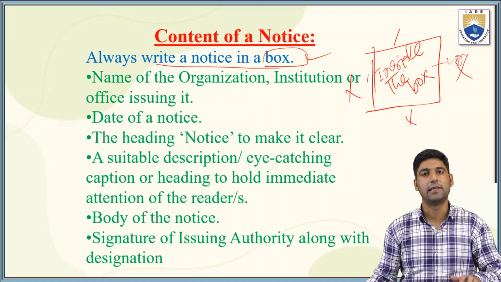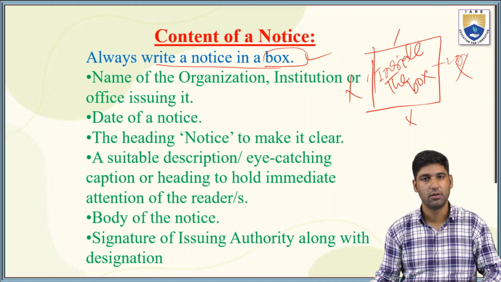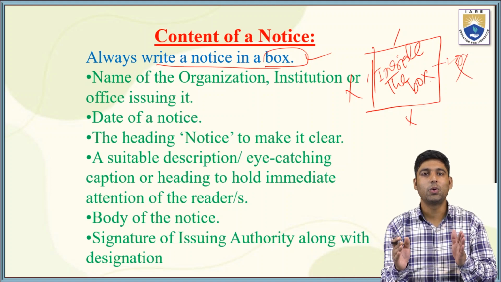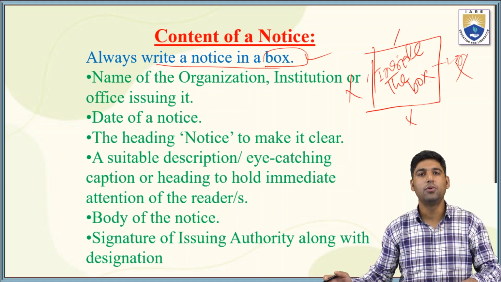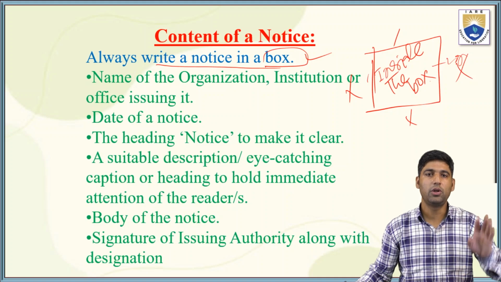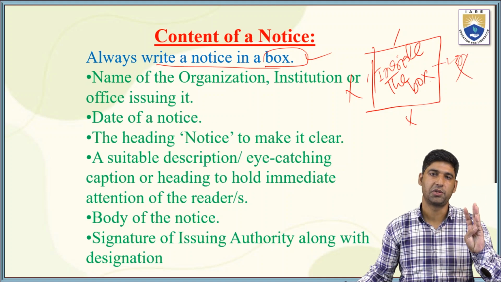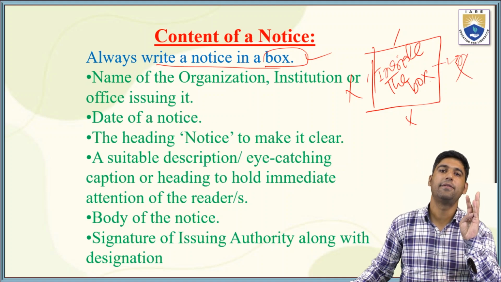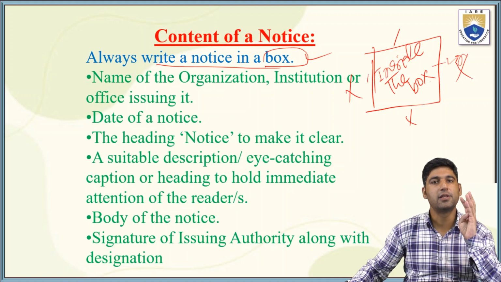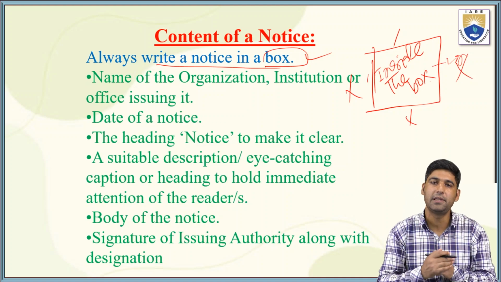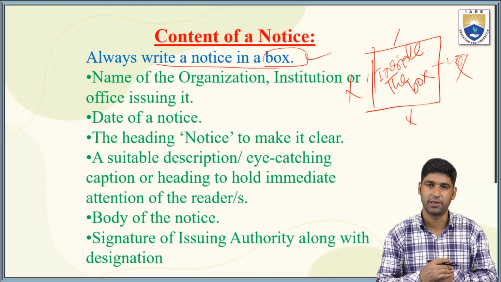These are the formal ways of writing. The same is the case for the notice, which I told you is a formal way of communication. This is the means of communication which different institutions are using.